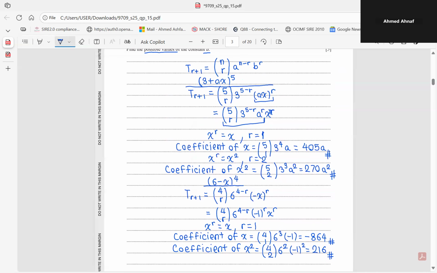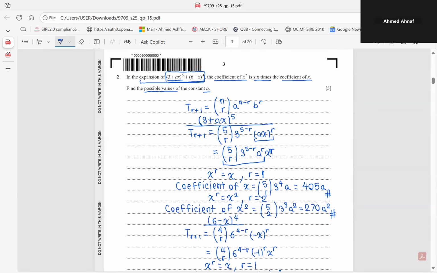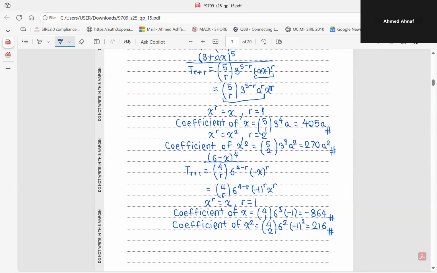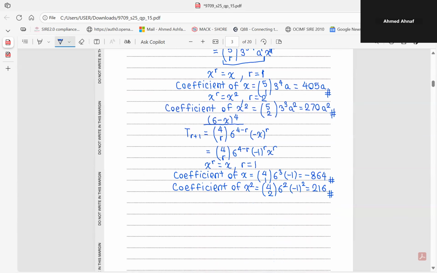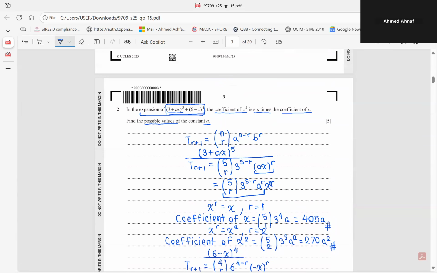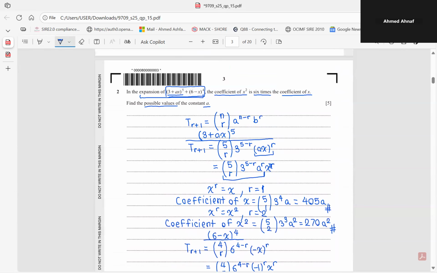Now we're going to add up to find the final coefficient. Because we're adding up our expressions, when they're expanded, obviously you're going to have to add up the separate x terms and x squared terms. So the coefficient of x squared is 6 times the coefficient of x. So we'll just multiply by 6 the coefficient of x.